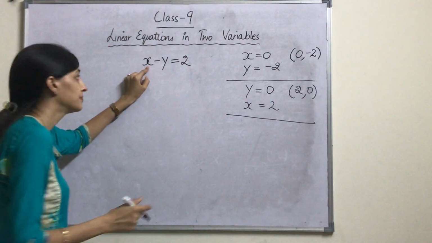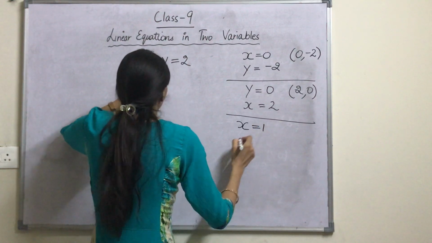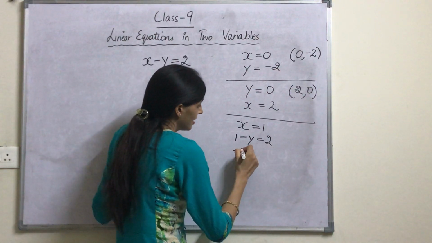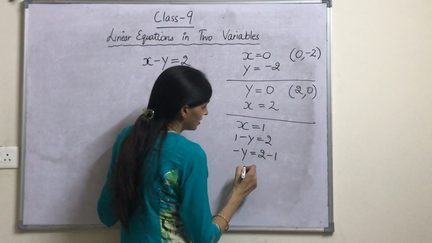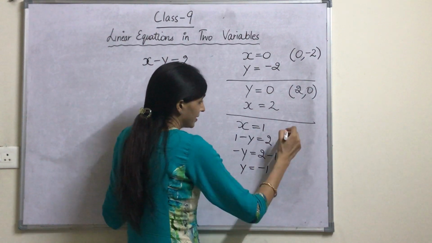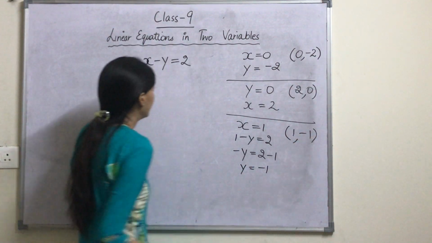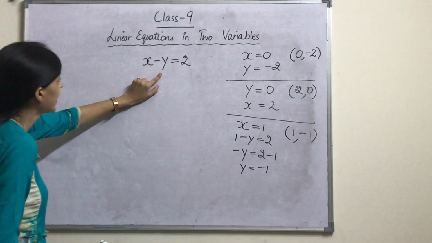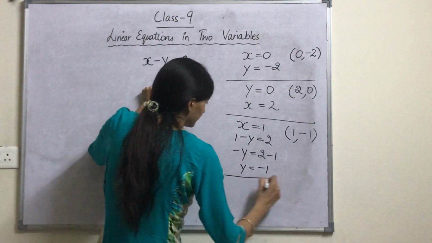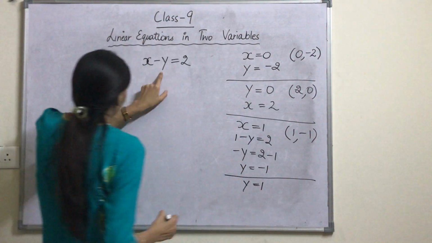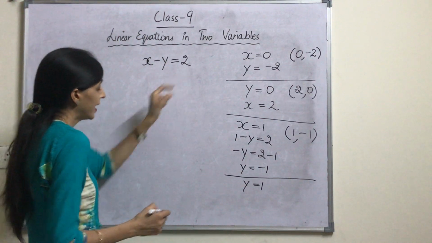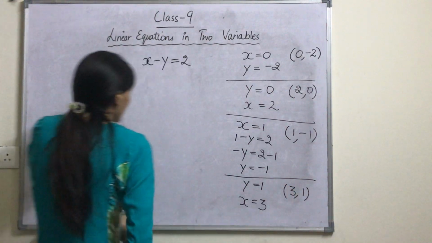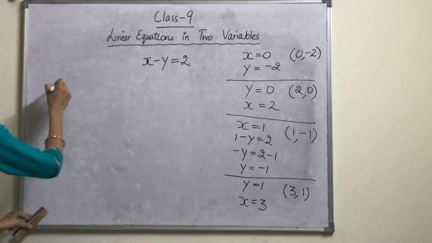If x is 1, then 1 minus y is 2. This 1 goes negative, 2 minus 1, y is minus 1. That means x is 1, y is minus 1. Okay, now take y as 1. If y is 1, then minus 1 gives x as 3. x is 3, y is 1.